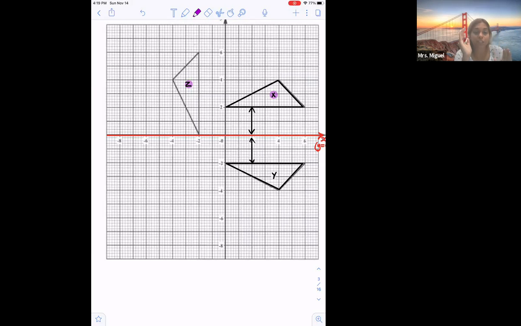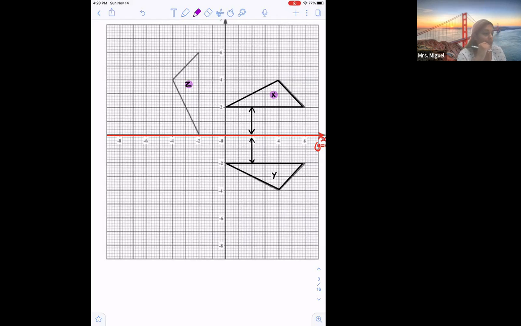A rotation of how many degrees we have to work out. So it is not a reflection, it is not a translation. A translation means that the object and the image did not change the orientation, right? So X was rotated to form triangle Z.